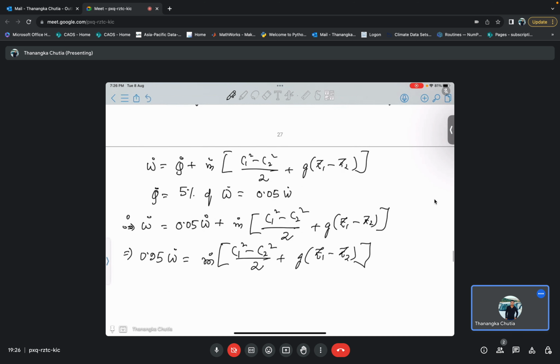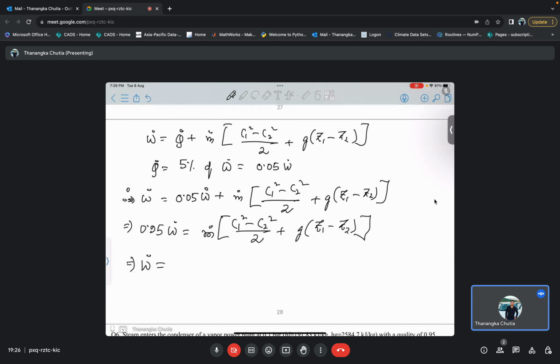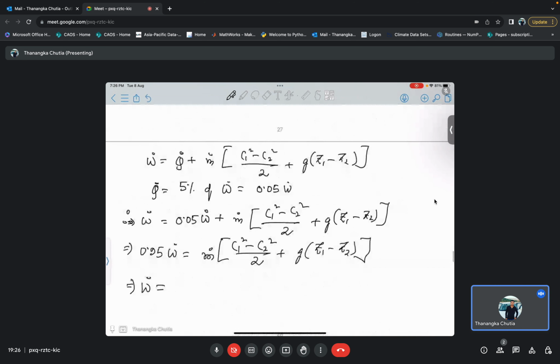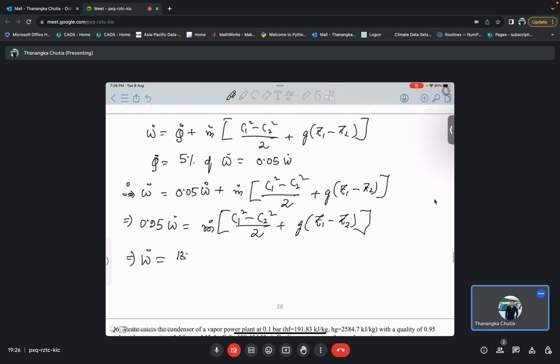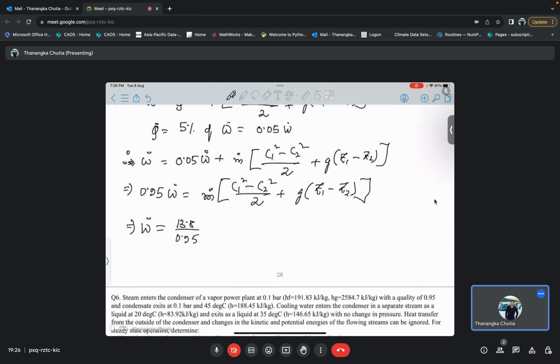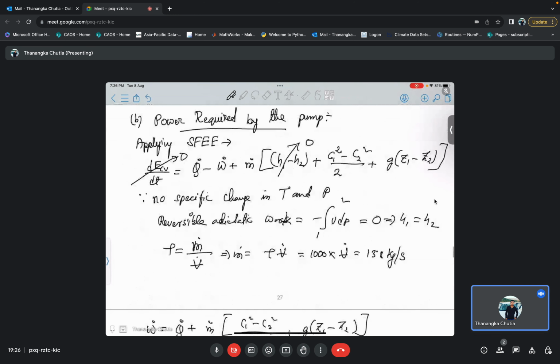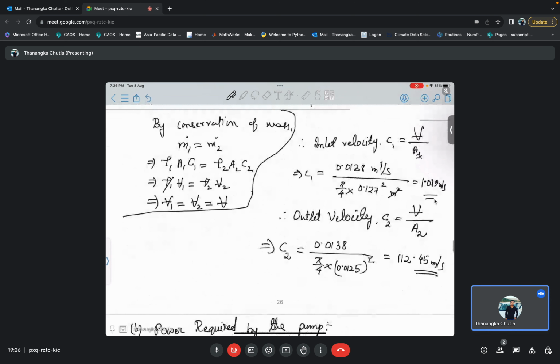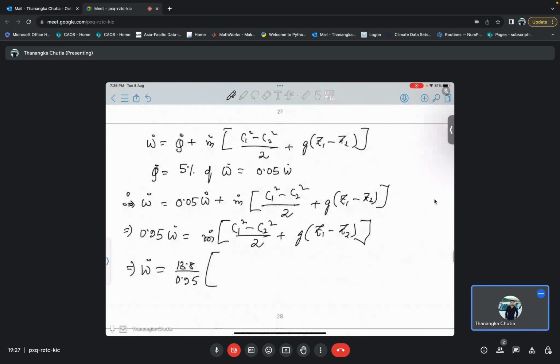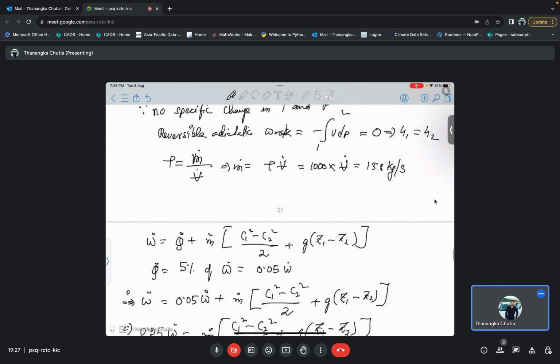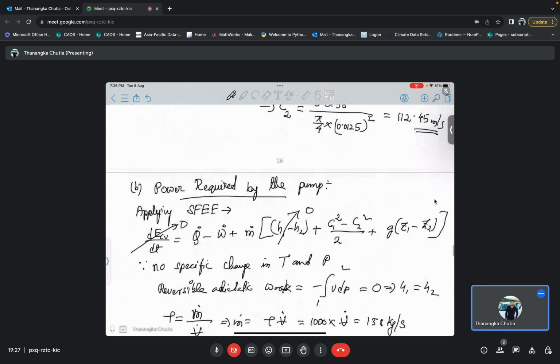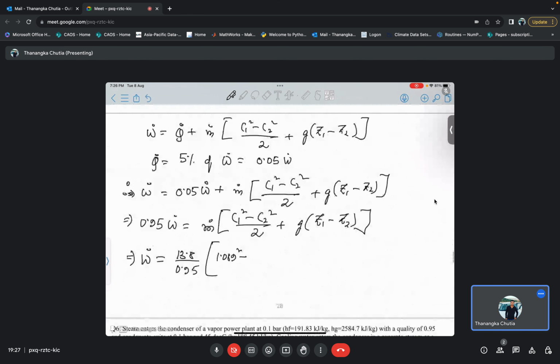Okay, now from here W dot is nothing but M dot, which is 13.8, by 0.95 times C1 squared, C1 is 1.089, minus C2 squared, 112 point, by 2000.